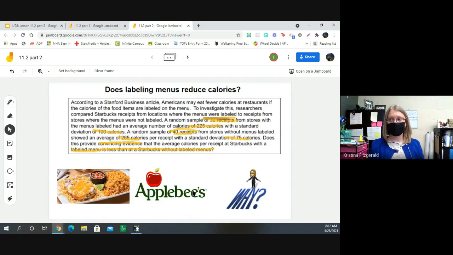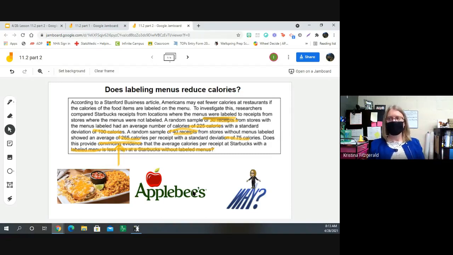With these kinds of problems on the AP exam, this is a really good tip. The words convincing evidence or significant evidence are what you want to look for, because there's always going to be one question where they ask you to either construct a confidence interval or do a significance test. You'll have to check the conditions, write the formula out, and do the conclusion.